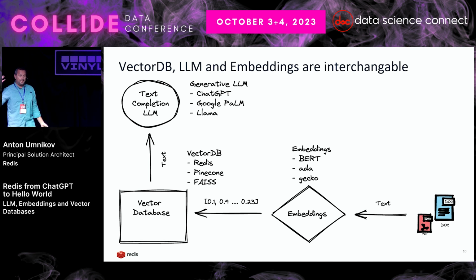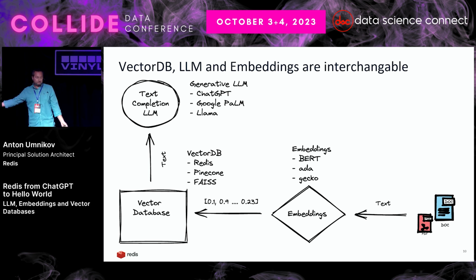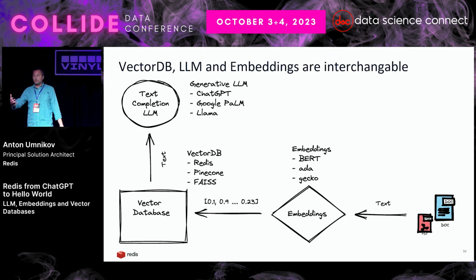Hugging Face is a great source of embeddings you can run on your own hardware, on your own notebook, but you can use embeddings from the vendor of large language models, such as Ada from OpenAI or Gecko from Google. In terms of what you use for your vector database solution, again, there are multiple choices there. There are libraries. FAISS is a great example. F here stands for Facebook, another great contribution of Facebook or Meta to the natural language processing world, right?